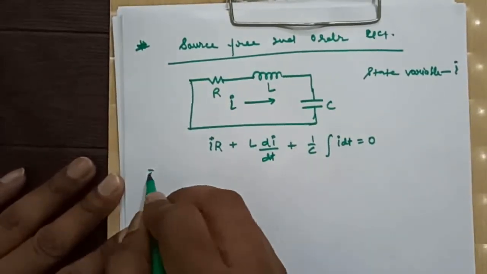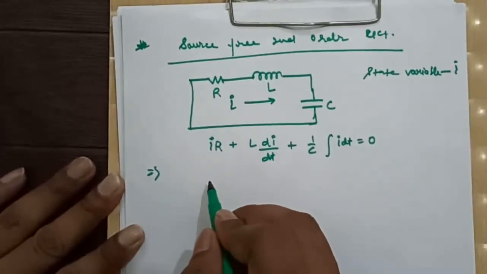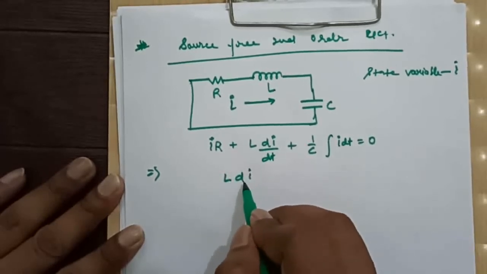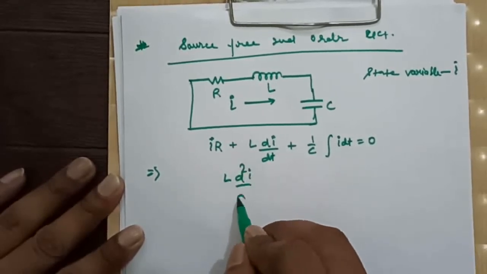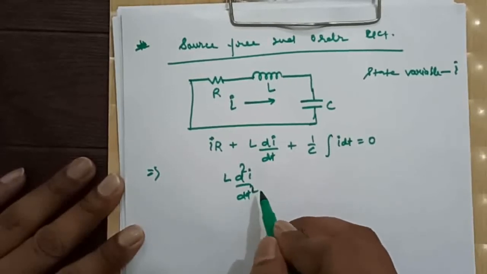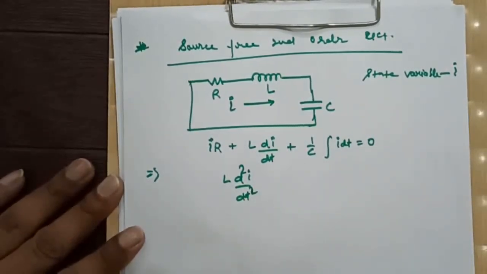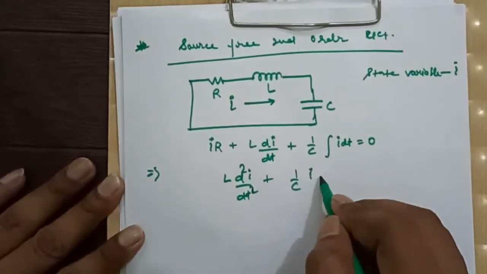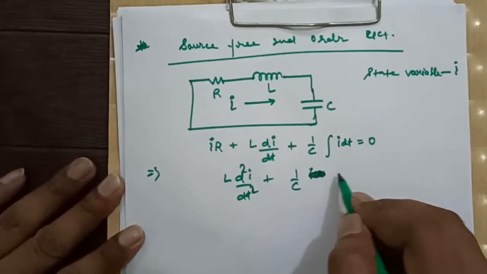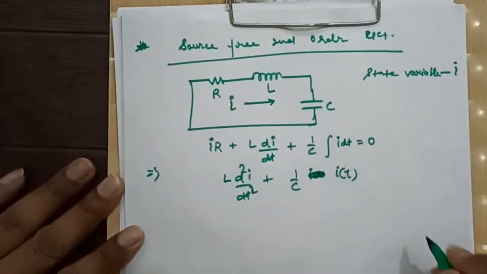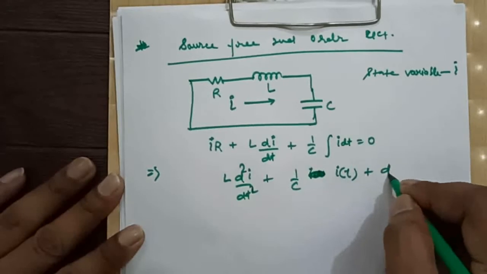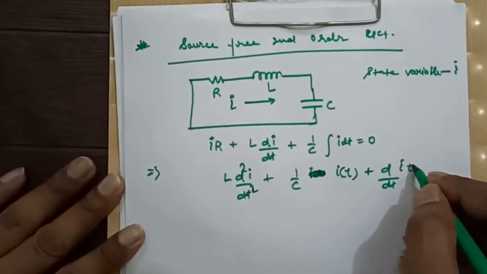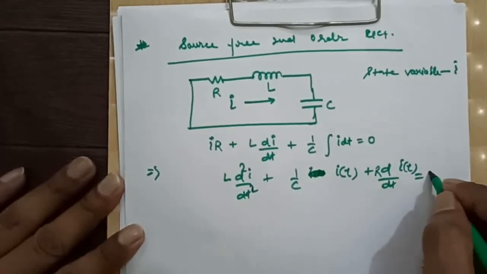Now differentiating both sides, we will have L d square I by dt square. I am differentiating once again and arranging also, 1 by C into I(t), plus d by dt of I(t) into R is equal to 0.